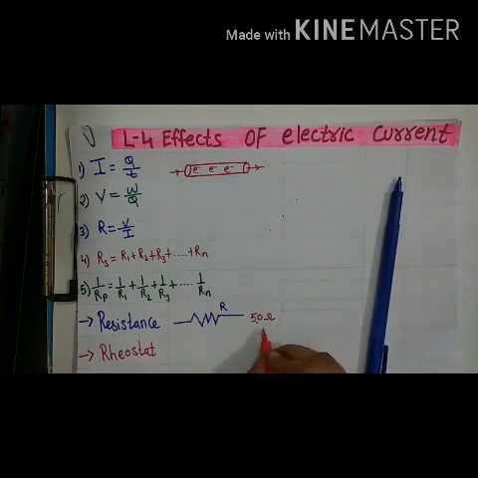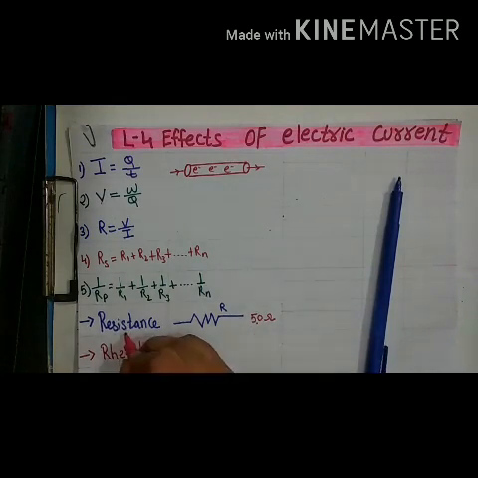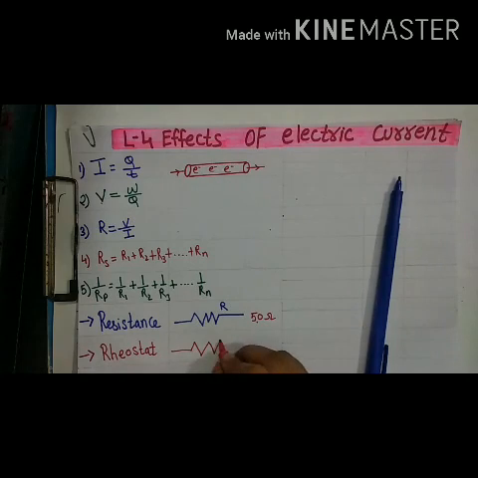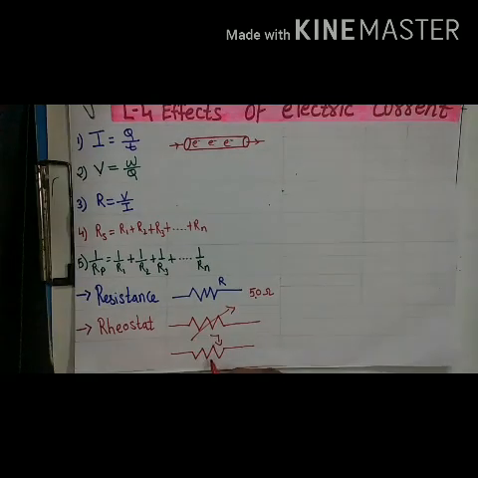We cannot change the value of resistance. If we can change the value of resistance, then it is called a rheostat. We can show a rheostat symbolically like this or this. For example, the speed of a fan can decrease and increase using a rheostat.